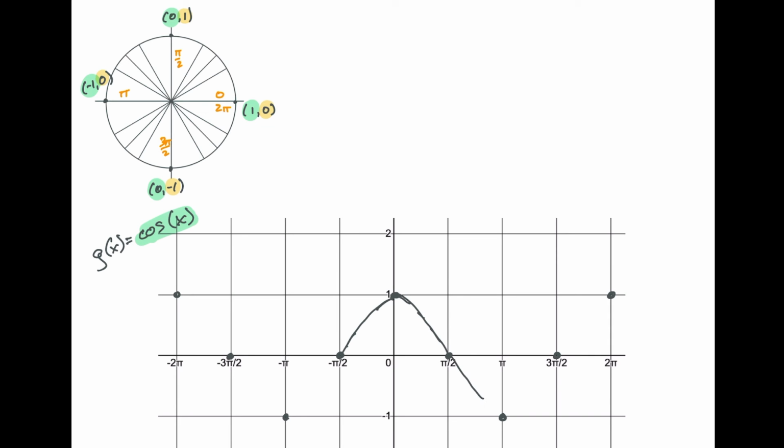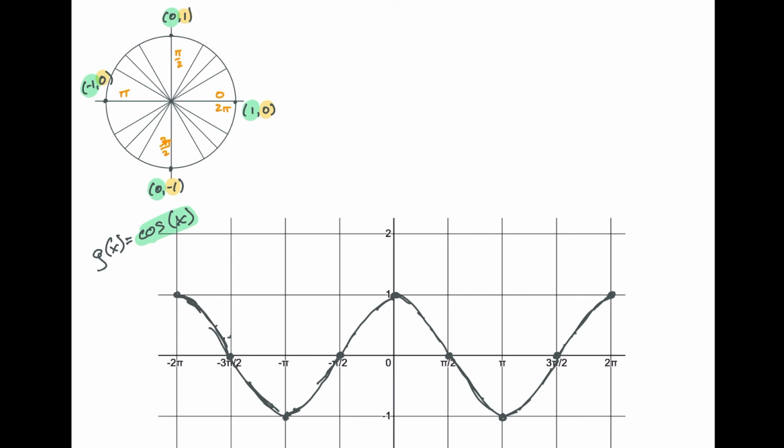But if you're being asked to only graph between 0 and 2 pi, don't graph this stuff over here. I'm just graphing it now because I want you to see what it looks like. But if you're asked to graph on a certain domain, you've got to stick to that certain domain. Otherwise, you'll probably lose points on one of the assessments.